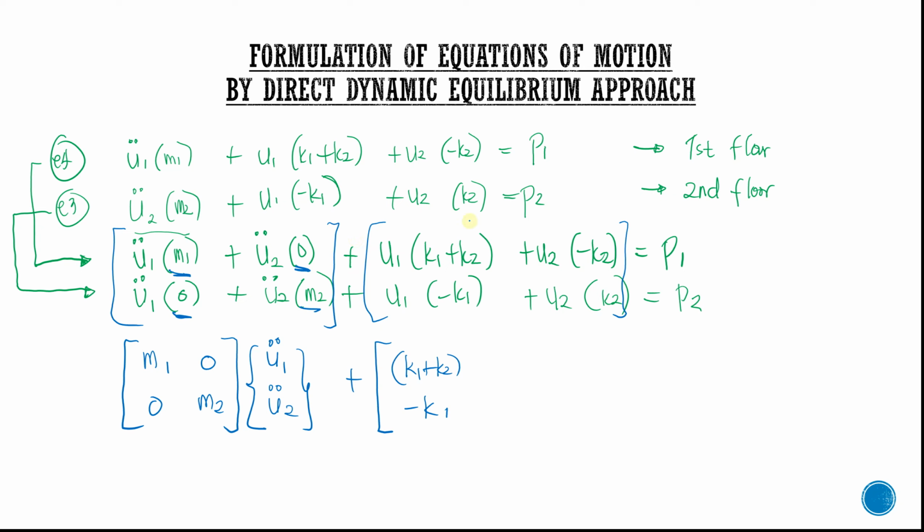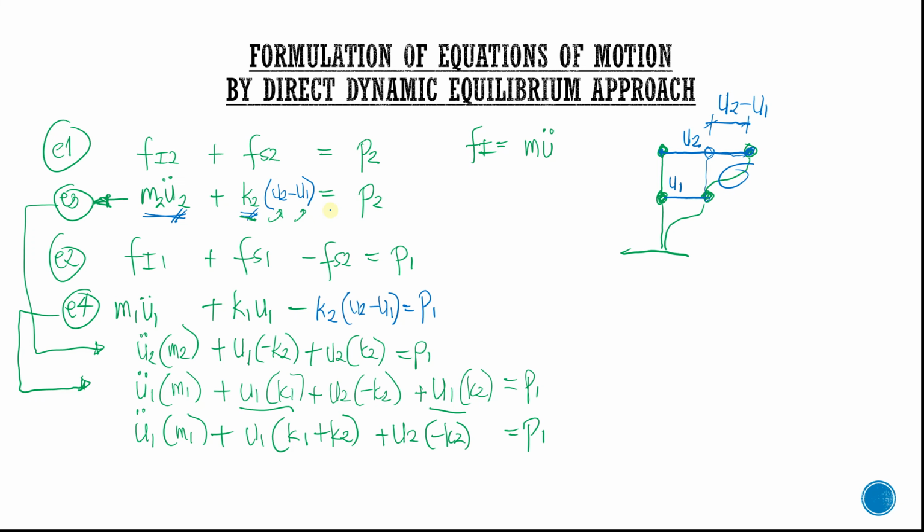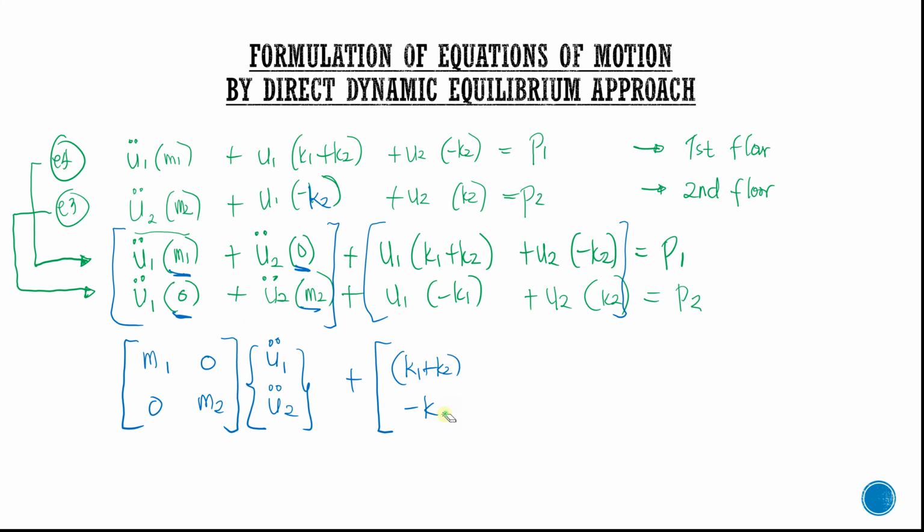This is not K1. This part here, that is K2. K2 is negative K2. Because if you remember, where was it? This one. We have the U2 times K2, and then we have the U1 times the K2. So that should be K2. So we have here the negative K2 in the matrix.